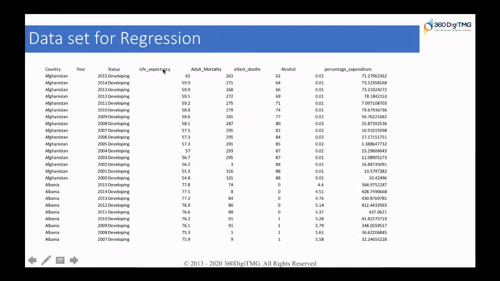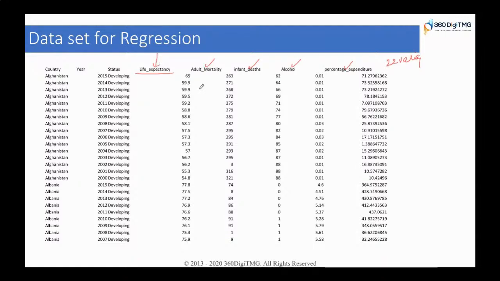As I told you, we will predict the output here. What factors are influencing this life expectancy is what we are checking. I have only given 4 here, but I have 22 variables which help us predict this life expectancy.